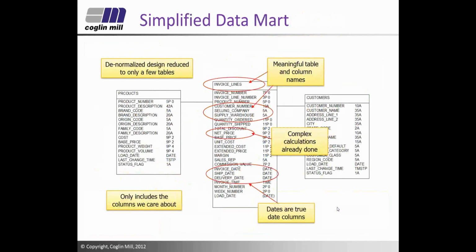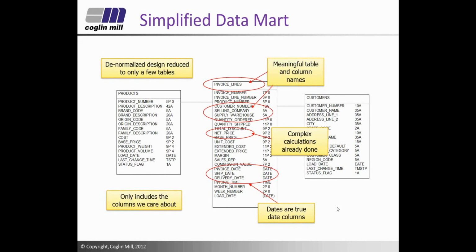If we convert that into a data mart, we might see something like this. This is a set of tables that has been designed for a specific set of reports. The first thing you'll notice is that we've given the columns very meaningful names. The database now has the capability of using SQL names up to 128 characters, so let's use as much information as we sensibly can to describe what this piece of data is.